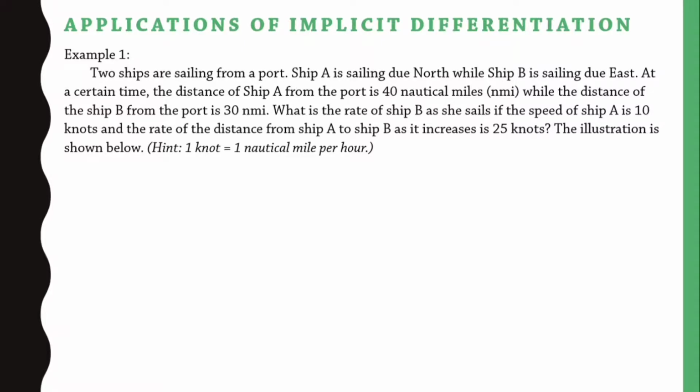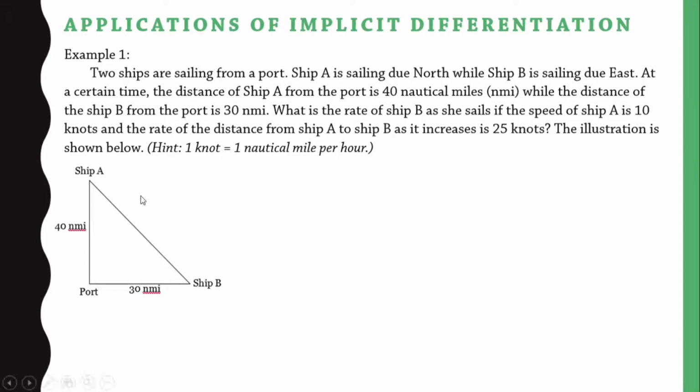What is the rate of ship B as she sails if the speed of ship A is 10 knots and the rate of the distance from ship A to ship B as it increases is 25 knots? So hint, 1 knot is equal to 1 nautical mile per hour.